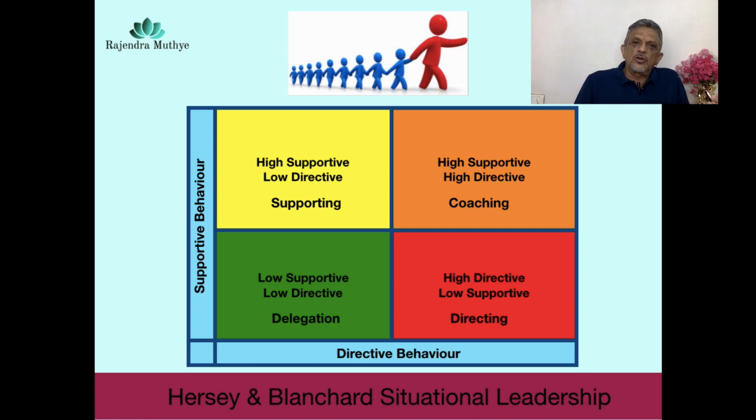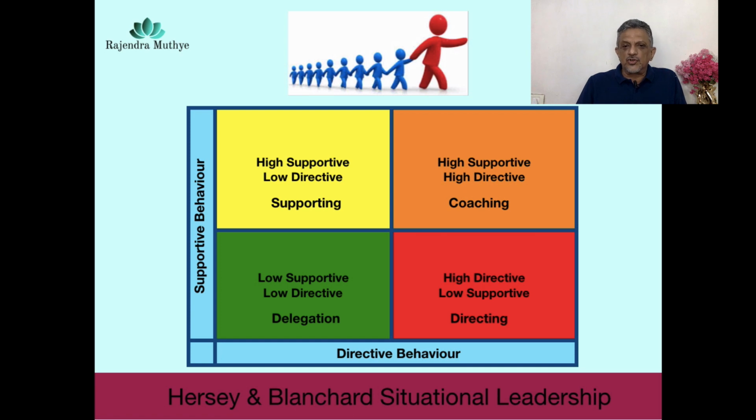Then you're going to be low on directive and high on supportive. That's when the person becomes more skilled, more confident about his work. So your behavior needs to be more supportive and less directive. And finally, you need to delegate. When the person reaches there, your behavior needs to be low supportive and low directive.